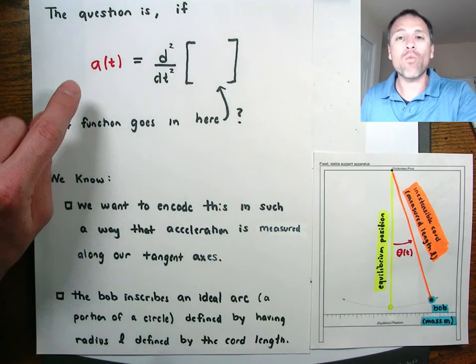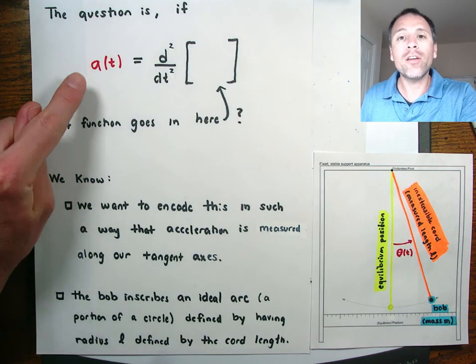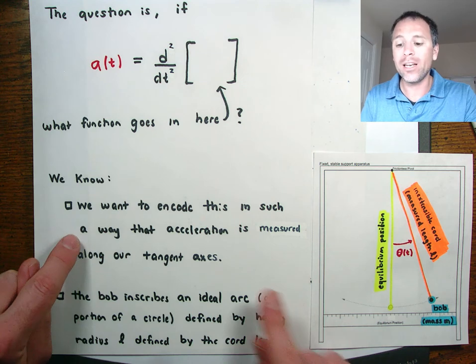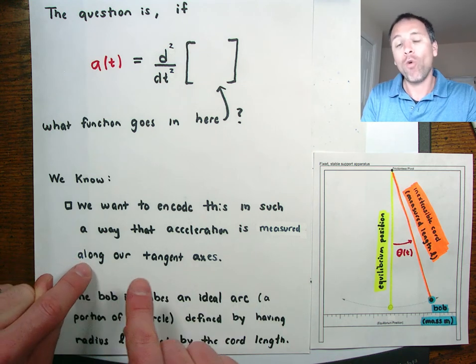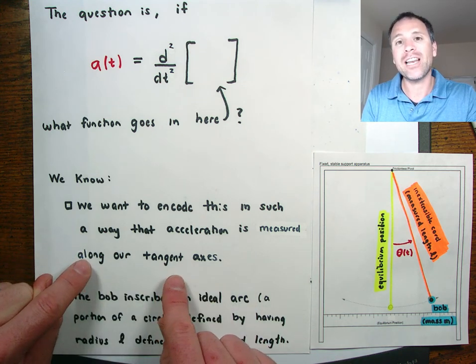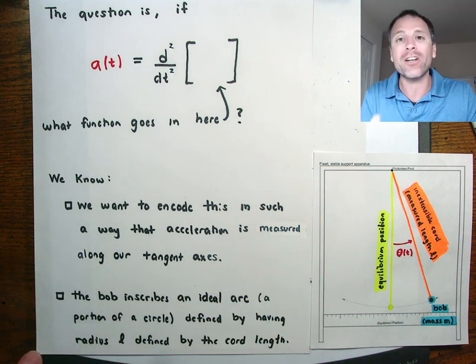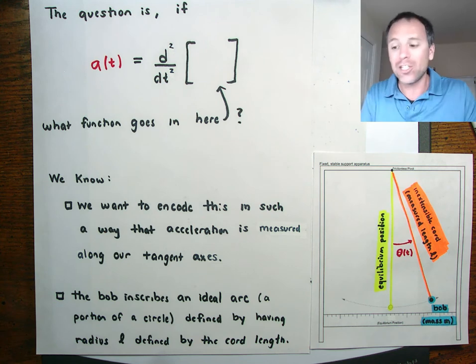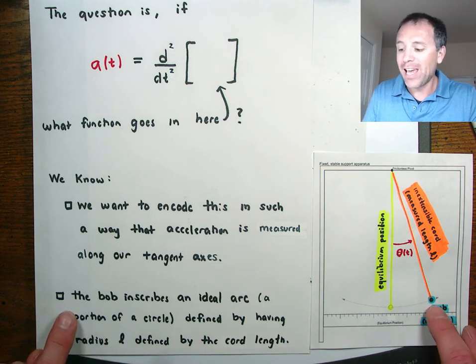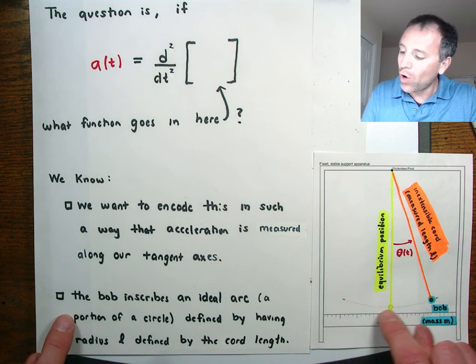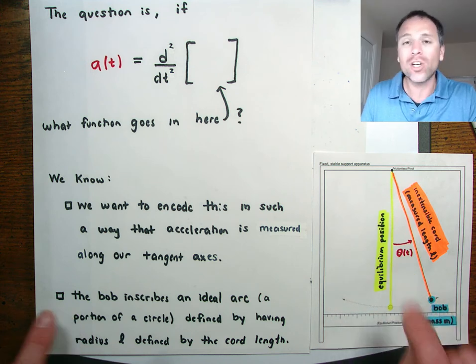We're not looking for some random acceleration function. We're looking for an acceleration function directly related to the measured force along our tangential axis. In other words, we want information that exists in that frame of reference along that axis tangent to the arc-shaped curve. Moreover, the bob inscribes that perfect arc based on the angle theta.